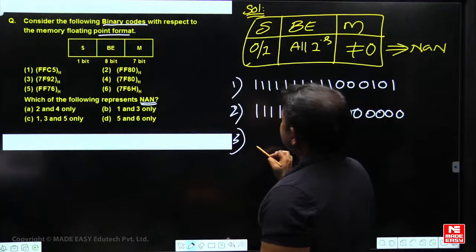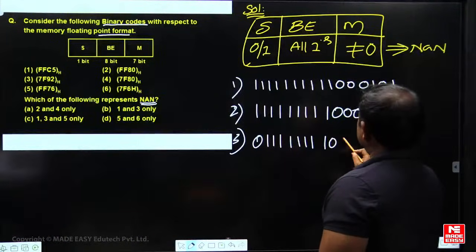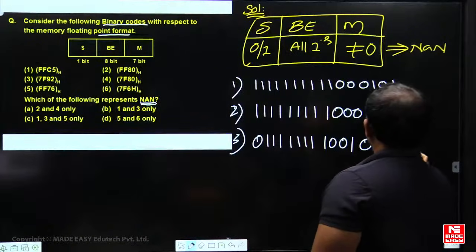Now 3 7 0 1 1 F 1 1 1 1 9 1 0 0 1 2 0 0 1.